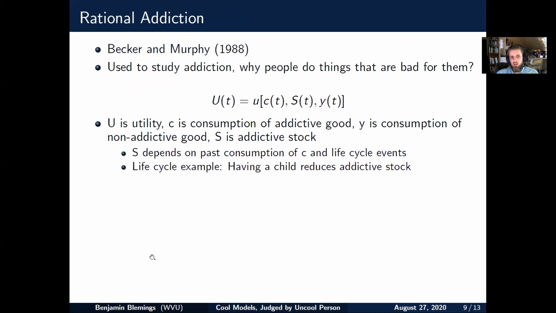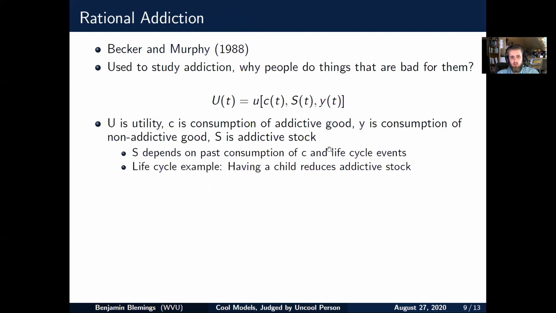This just says that your utility is a function of how much you consume of this addictive good, C, and how much addictive stock you have of that good. So it's like modeling your tolerance or addiction to it. And then Y_t is your consumption of some non-addictive good, like a fruit smoothie or something.